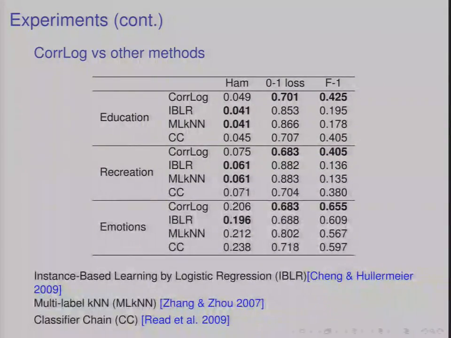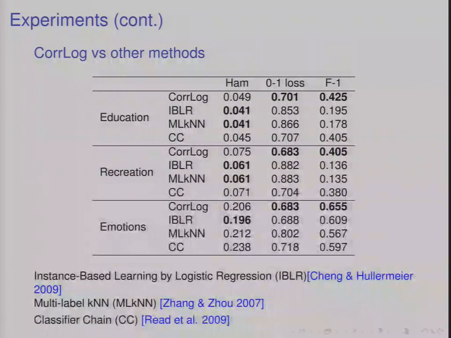And for the comparison with other methods, we use 3 algorithms for MLC. This one is instance-based learning by logistic regression, and this one is multi-label KNN, and also we use classifier chain. From the table, we see that on these two measurements, CorrLog always works better than other methods.